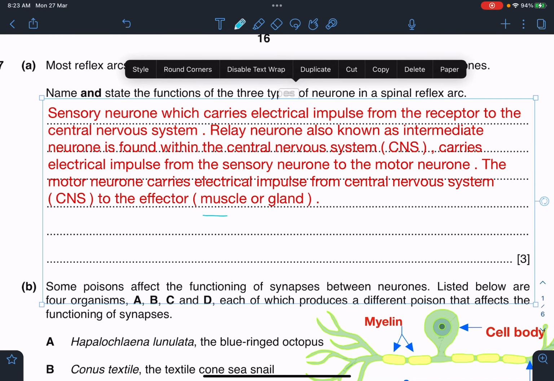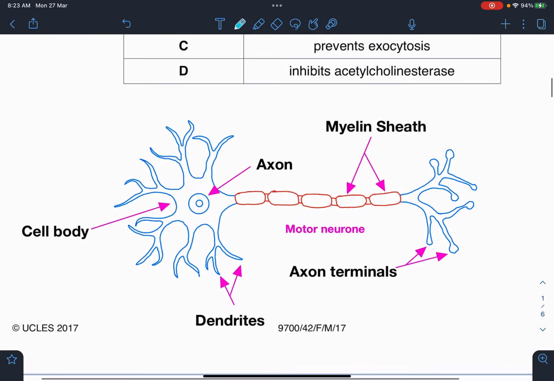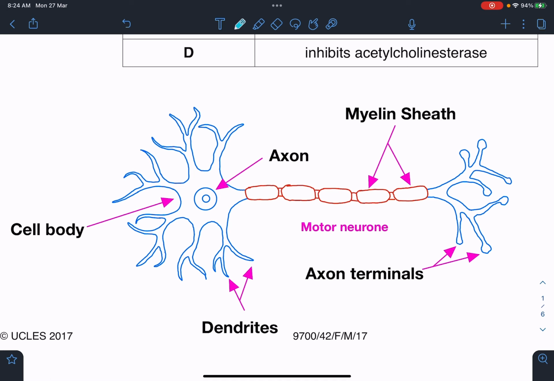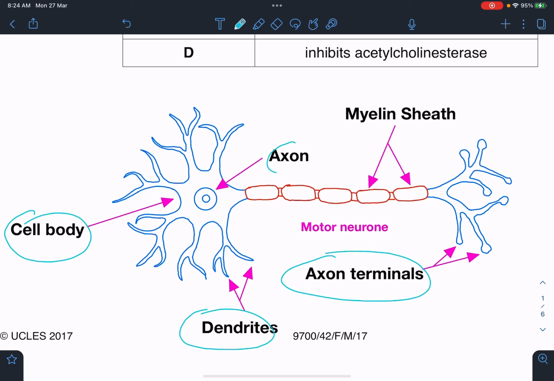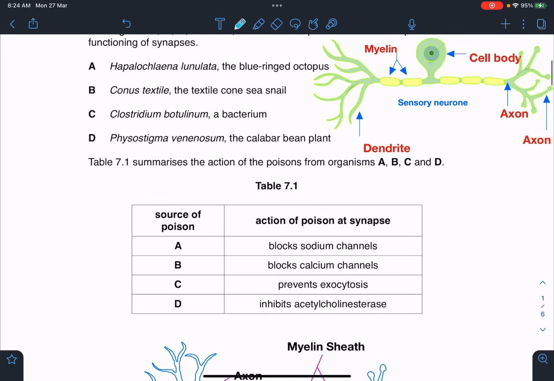I have also drawn the structure of a motor neuron. As you can see, a motor neuron also has a cell body, dendrites, axon terminals, the axon itself, and a myelin sheath, again made up of Schwann cells which wrap around the axon. So that's it for this part. Let's move on to the next.